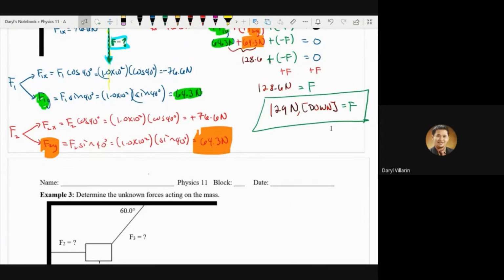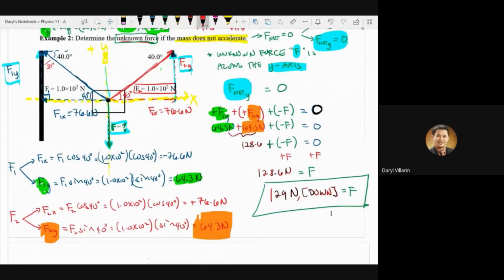But since I know that F is just along the y axis anyway, that means that I only have to deal with the net force along y. Essentially, you can disregard the x components in this particular question.